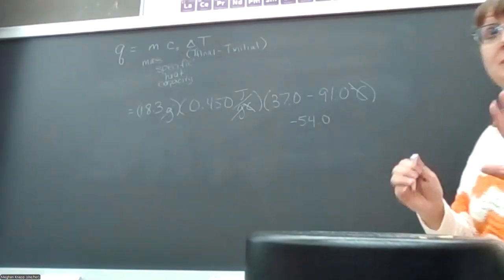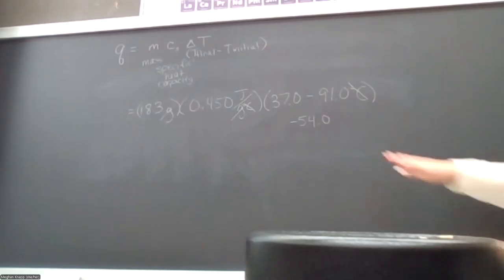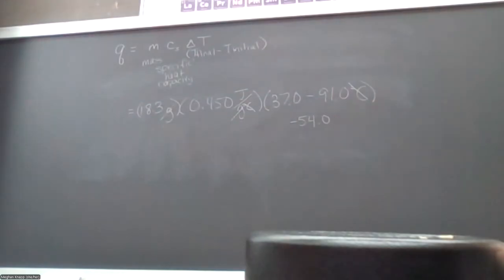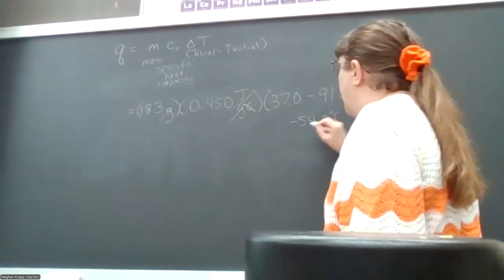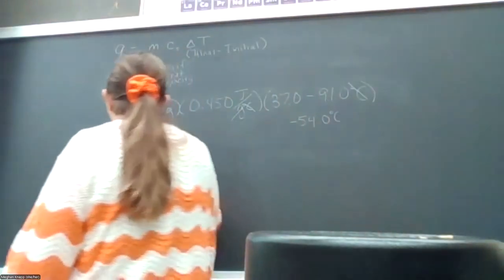So in adding and subtracting, we're not counting the number of digits. We're seeing how far from the decimal we have information. And since I have information in the 10th place, I'm going to record the 10th place there. And that's going to be degrees Celsius. I'm going to come back to the temperature in just a minute, but let's go ahead and finish plugging these things in and see what we get.